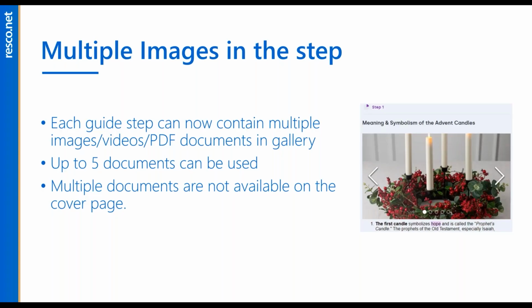So in the editor of the guide, you are able to select more pictures. If you select a video, it's only possible to select one. But if you would like to add more pictures and PDF documents, it's possible to connect them with one step in the guide. And there will be something like a gallery view if you would like to go through the images as a part of one step.